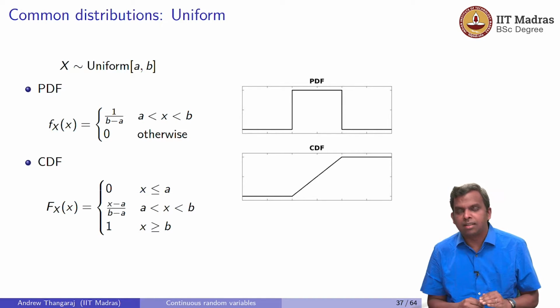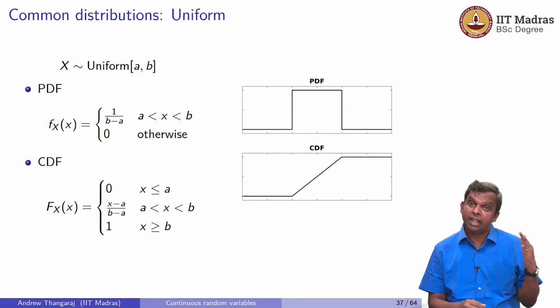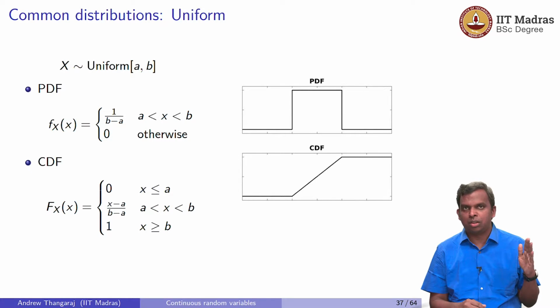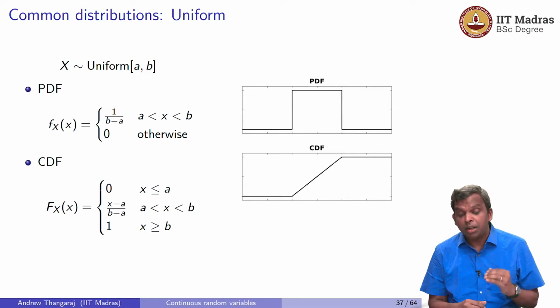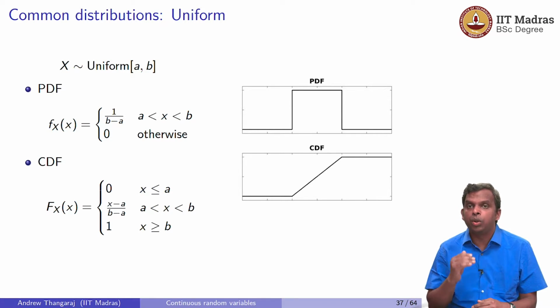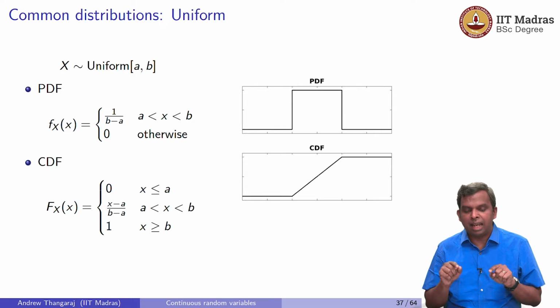Okay. The first one is the uniform distribution. We had the uniform discrete distribution, which is where there is a finite discrete set and the random variable is uniform in that set. So that was a very simple distribution to describe. In the continuous case also you can have a uniform distribution. Now you say that a random variable X is uniform [a, b].